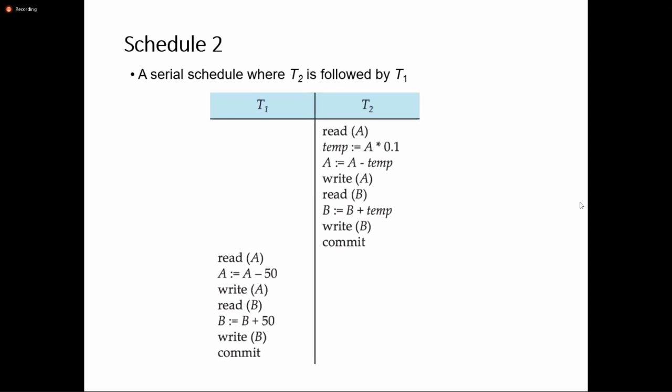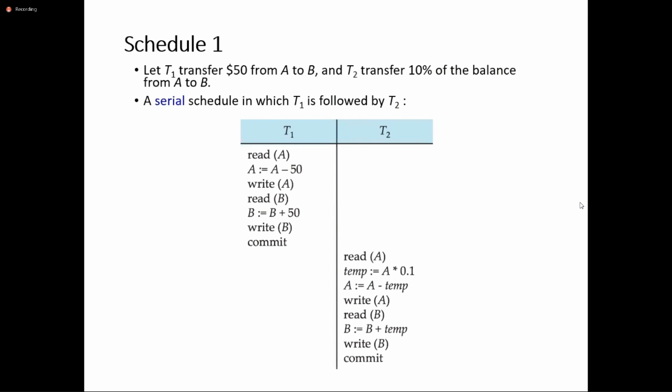Write B and commit. The balances are different: A is 850 and B is 2,150, but altogether it is 3,000.